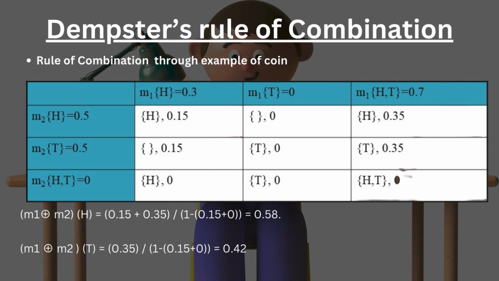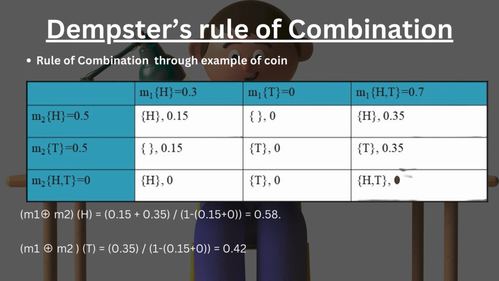Similarly, for the calculation of tail, we will see from the table all the sets that have tail, and summing them up, it comes out to be 0.5 divided by 1 minus 0.15 plus 0, which are all the cells that have an empty set.